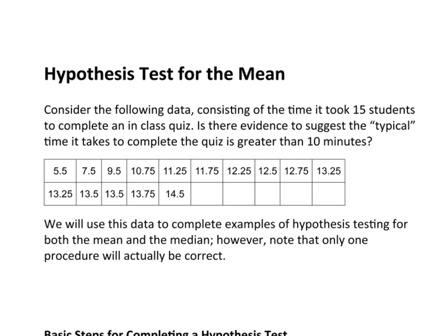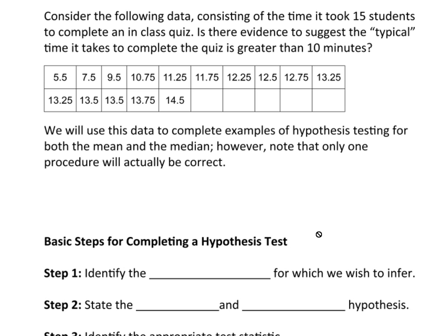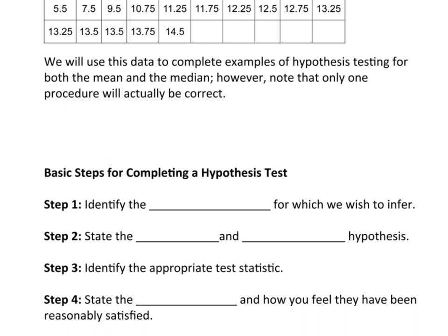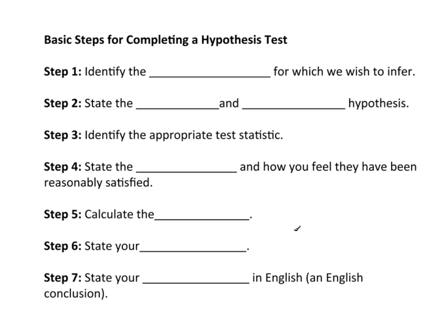Now, we're going to actually use this data to complete examples of hypothesis testing for both the mean and the median. In reality, only one would be correct, but we'll walk through the process and use the same data for both. Before we actually start, I want to walk through what I think are some basic steps for completing a hypothesis test.